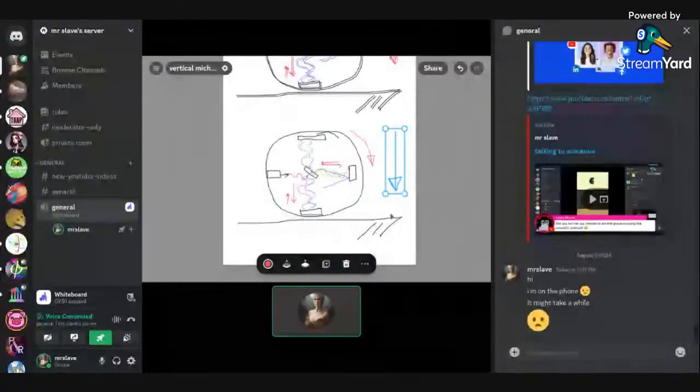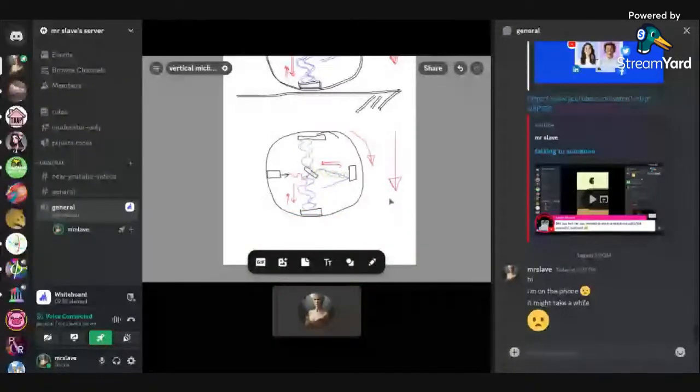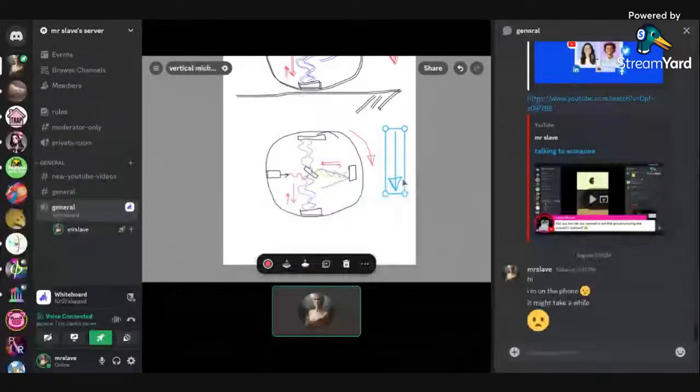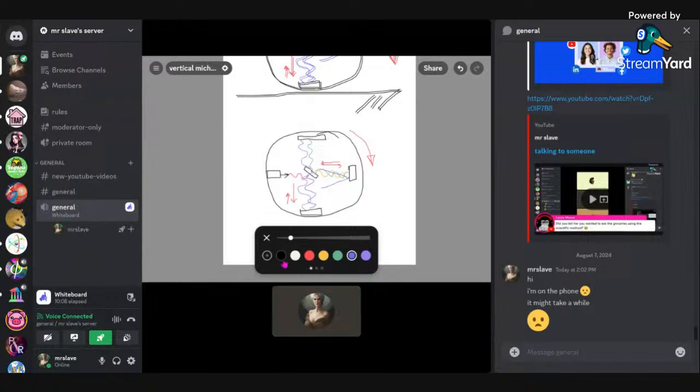So I would just remove planet Earth, and since we cannot rotate, remove the ether. And let's say we rotated it, so now the Earth is going to be in this direction.